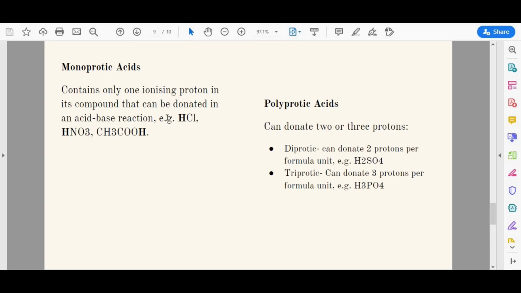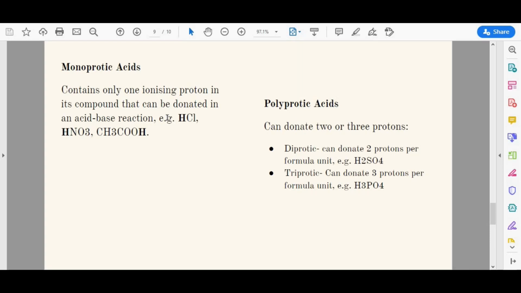But then when we hop over to polyprotic acids, poly is obviously many, more than 1. Mono is 1, poly is more, or at least more than 1. So polyprotic acids can donate 2 or 3 protons, and there are 2 sub-categories given to acids that can donate 2 and acids that can donate 3.